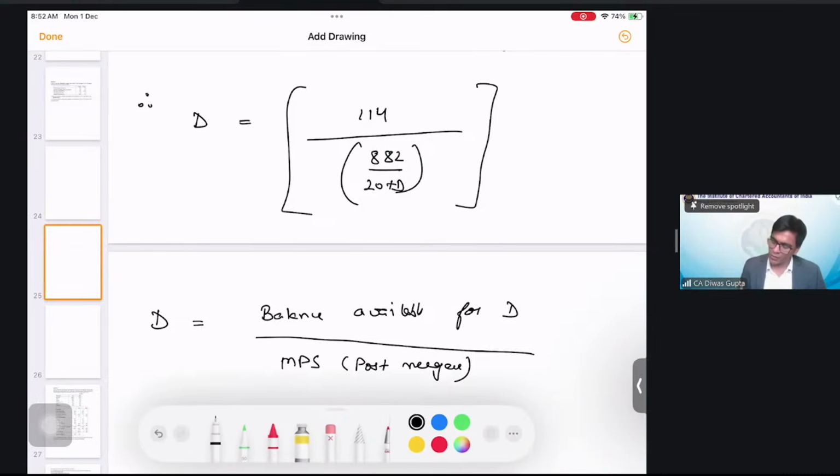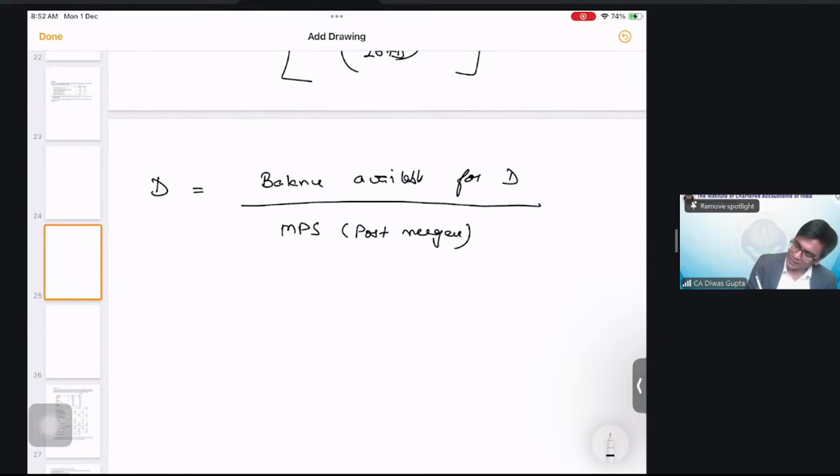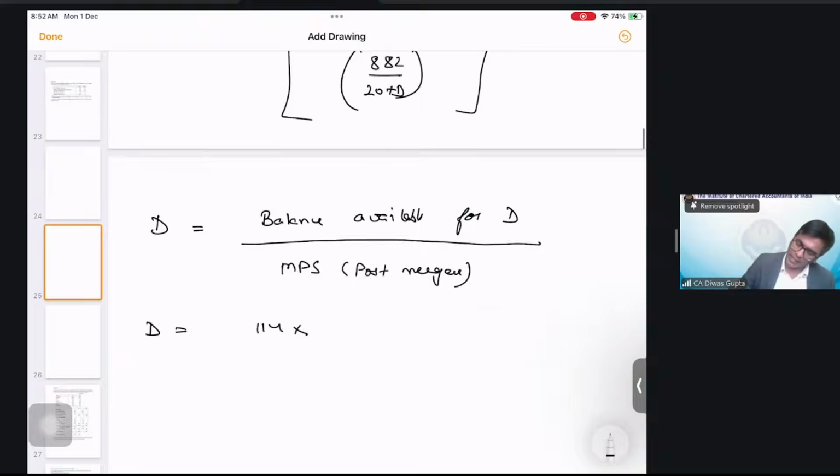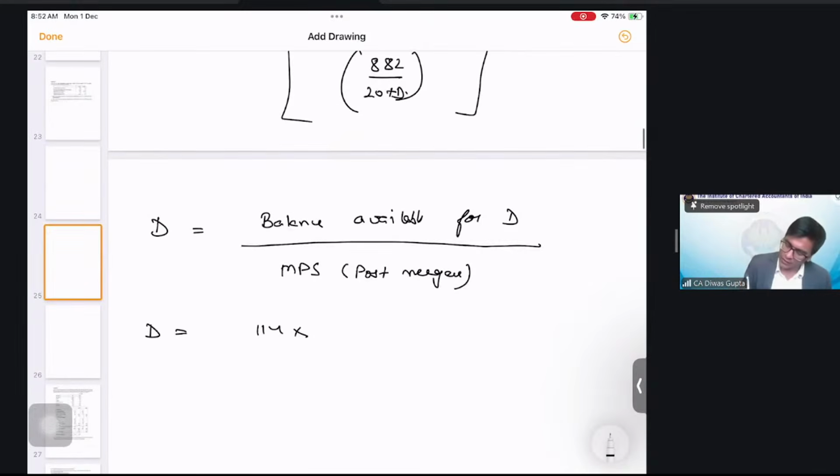So this is MPS post merger. Correct? So if we solve for this, then D is equal to 114 multiplied by, so this denominator will move to the numerator, 114 into 20 plus D divided by 882.